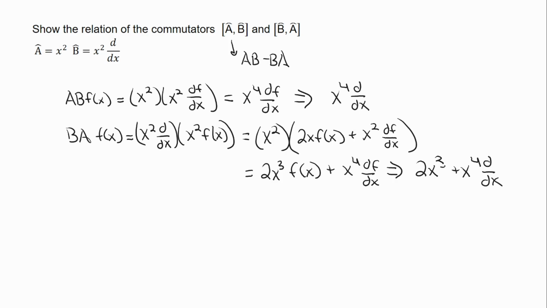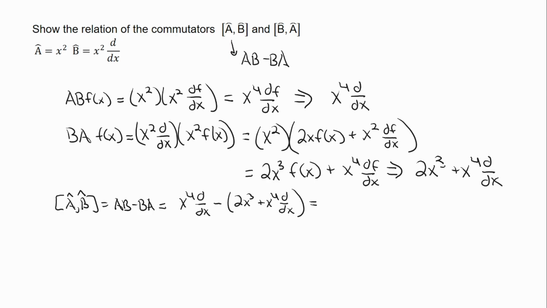So when we look at the commutator AB, it's the same thing as saying AB minus BA, where AB is just x to the fourth d over dx minus the quantity 2x cubed plus x to the fourth d over dx. So when we cancel out our x to the fourth d over dx, we'll end up getting the commutator minus x cubed, or minus 2x cubed, sorry.